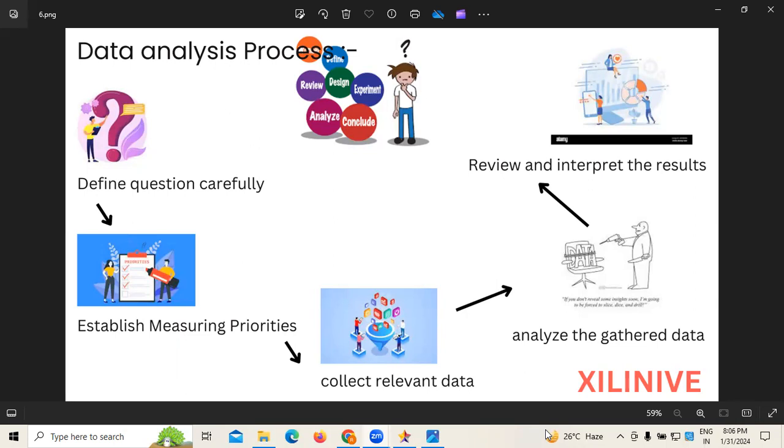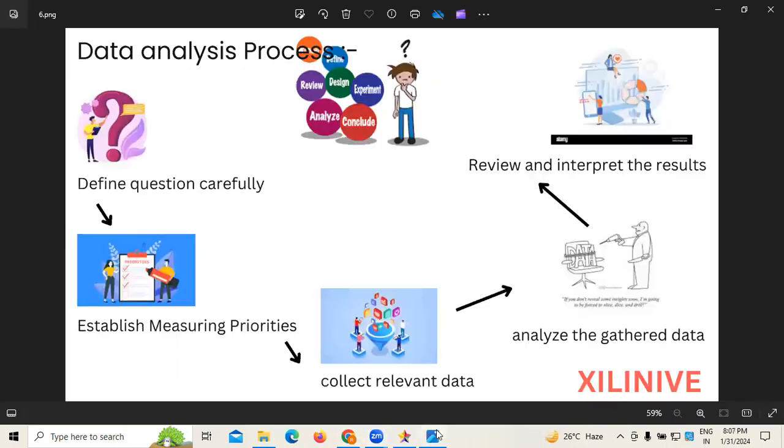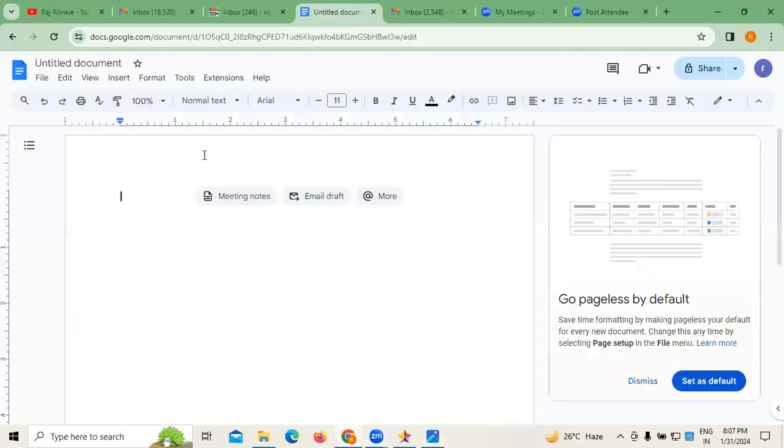So these are the different processes or stages whenever we are working on data analysis. Now, when it comes to the first one, let me write on it in the document, right? So this is where data analysis process is all about.